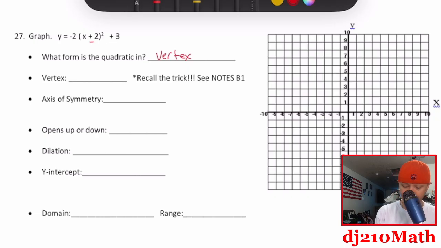The vertex is at negative 2, 3. So there's the vertex. I know that the axis of symmetry goes through the vertex, right? Those things are connected. So x equals negative 2.